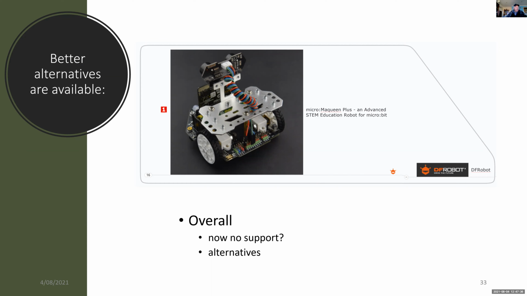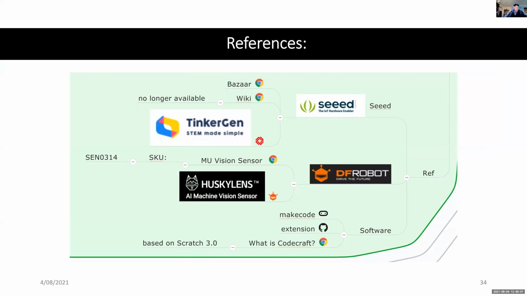Now, while it's double the price of the microbit, it does give you plenty of opportunities for connecting to any of the pins on microbit, and it's got a platform for adding those accessories. So quite a good project, and it's a good starting point for robotics using microbit.